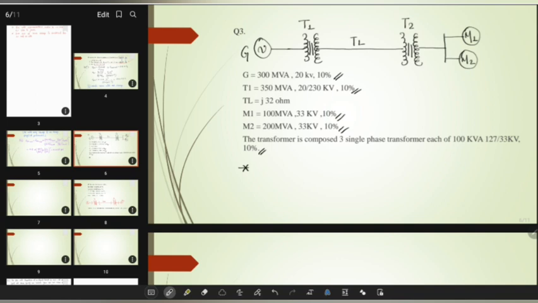So if we need to refer to one common base, let us take 300 MVA and 20 kV as the base value.